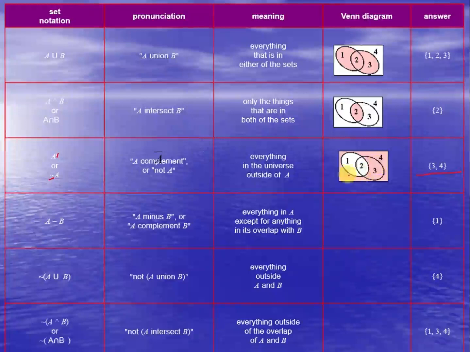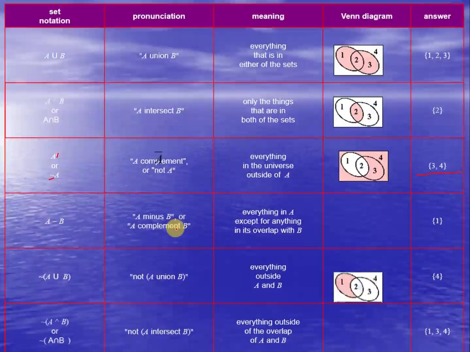Okay. Now the next one, that is A minus B, or A complement B. So you are taking A and you are taking away what? B. So let's do that. It can also be called A only.